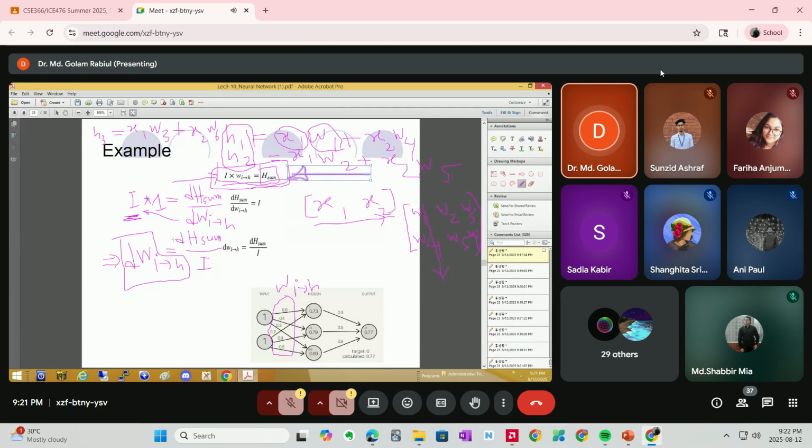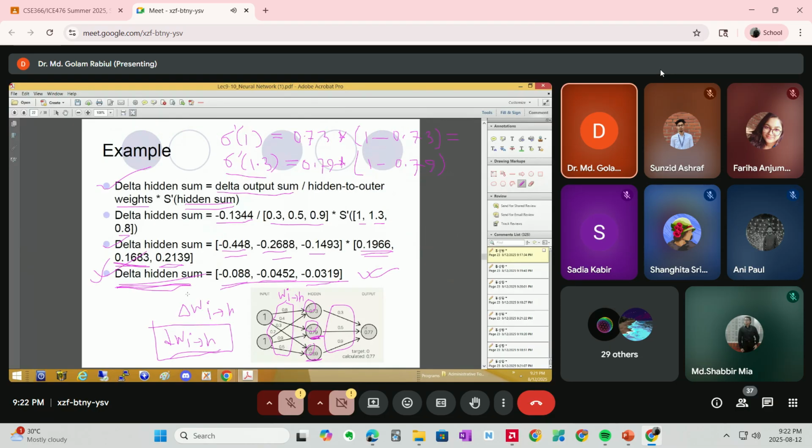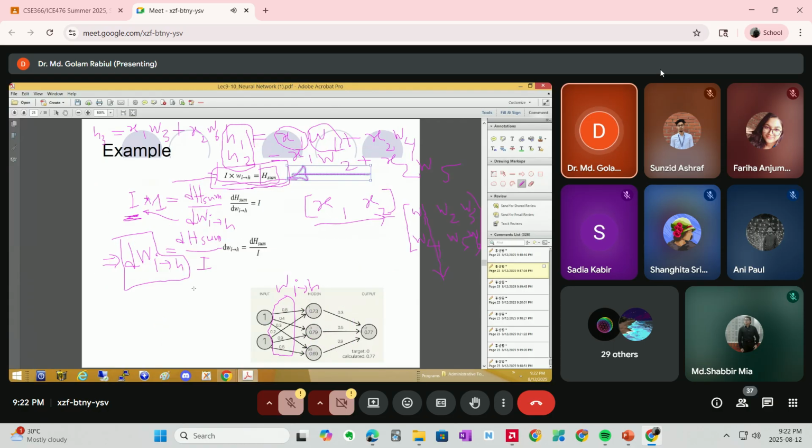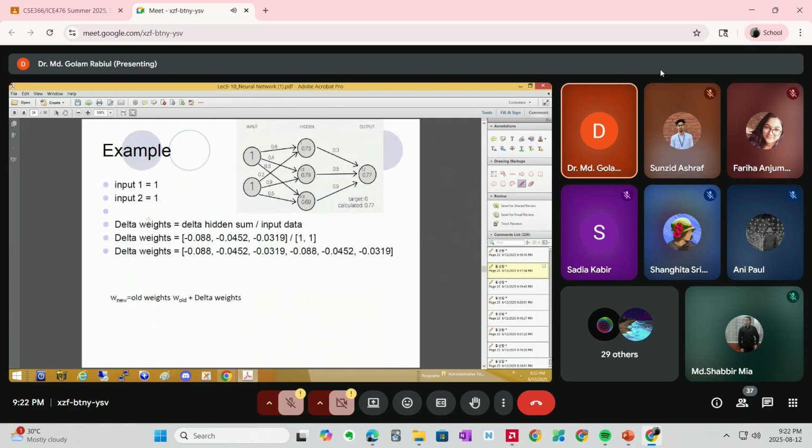We already calculated the delta hidden sum here. Then we have to divide this by I. So here are the delta weights: delta hidden sum divided by the input I. In our case, I is 1, 1.